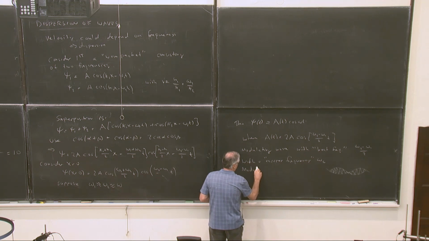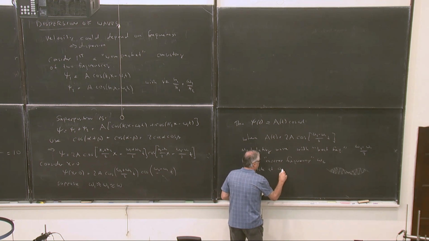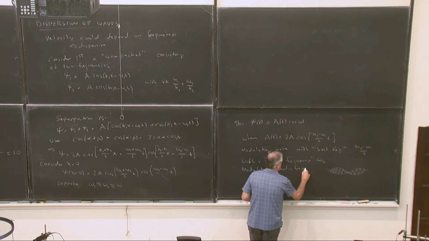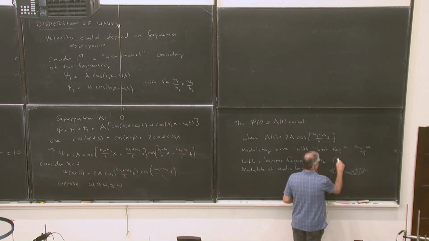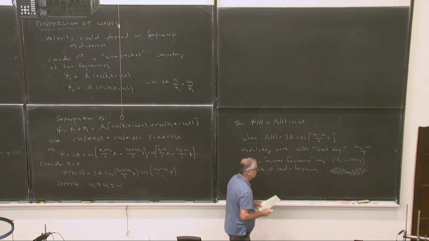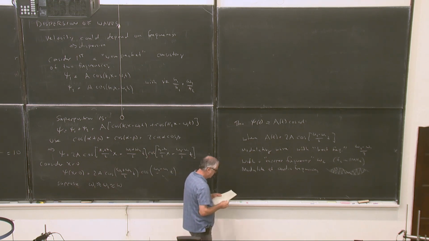When we do AM radio in particular, we modulate at audio frequencies. So f sub c may be a megahertz, anywhere from 890 up to 1600 or whatever.